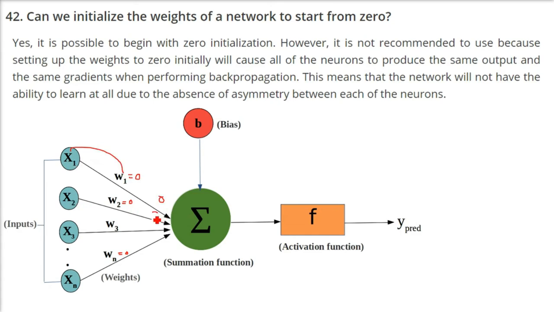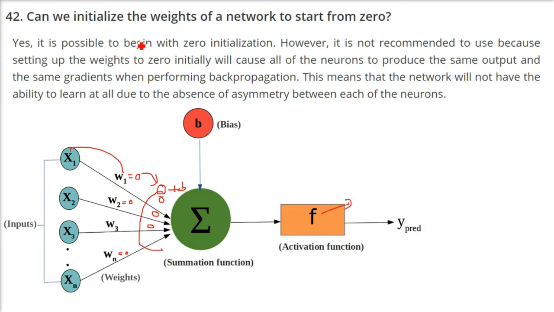Again x2 into W2 is 0. So you are getting all zeros. Now you add these zeros with the bias. Bias is a constant. Then you pass it through the activation function. So every time you will get the same value, whatever you do. Weights are not changing because they are not having any effect at all. You have given W as 0, so there will be no improvement.